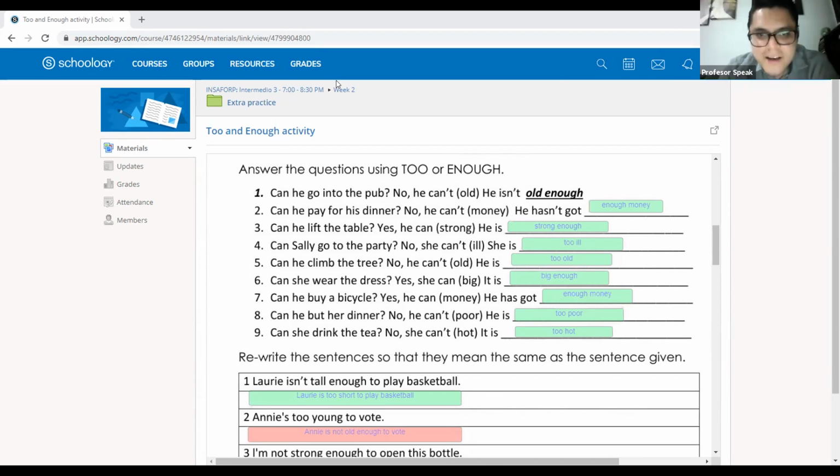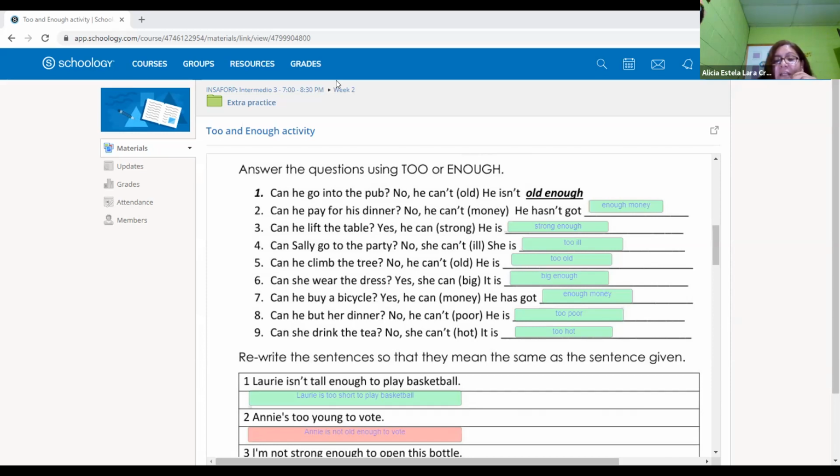All right, continue. Number 3. Okay. Can he lift the table? Yeah, he can. He is strong enough. Can Sally go to the party? No, she can't. She is too ill. Can he climb the tree? No, he can't. He is too old. Can she wear the dress? Yes, she can.